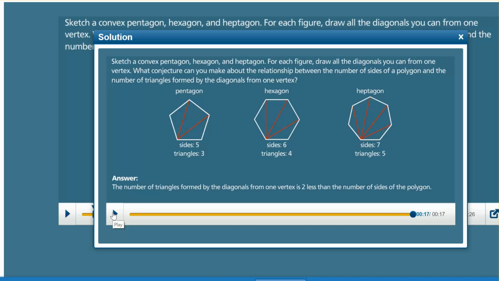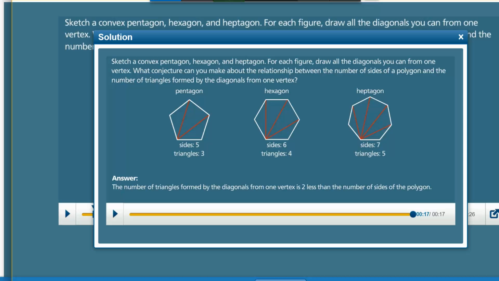Well, the number of triangles formed by the diagonals from one vertex is just 2 less than the number of sides of the polygon. So here's a question. If it were a 10-sided figure, a decagon, how many triangles would be formed? Well, it would be 2 less than the number of sides, or 8 triangles.